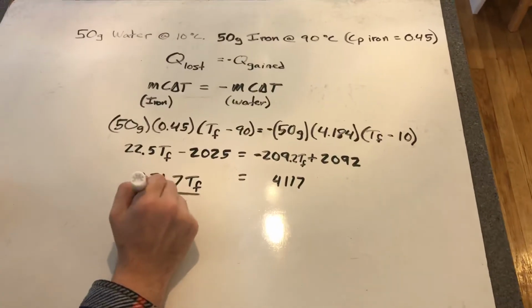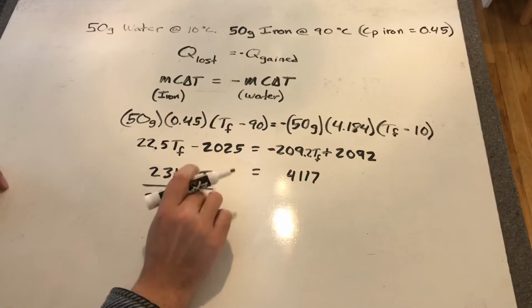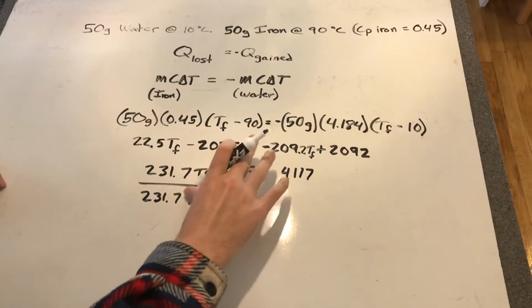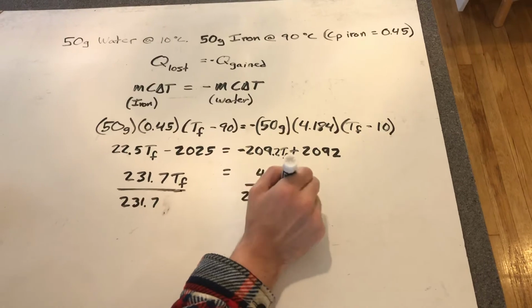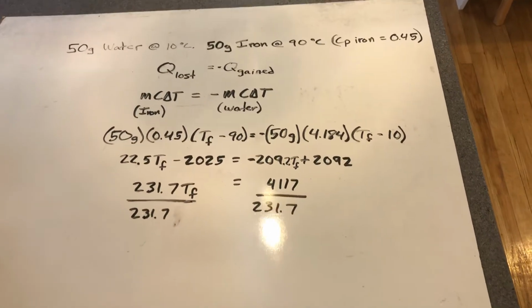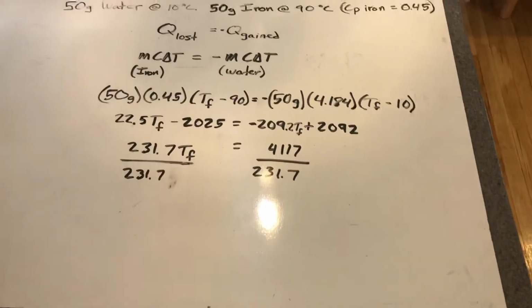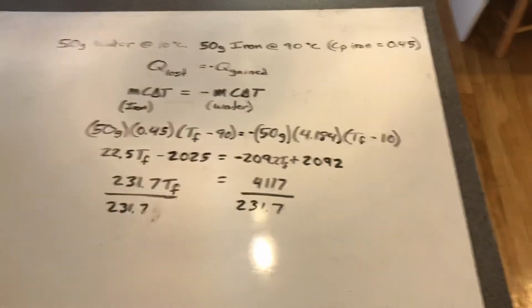Divide by 231.7 both sides. So 4117 divided by 231.7.